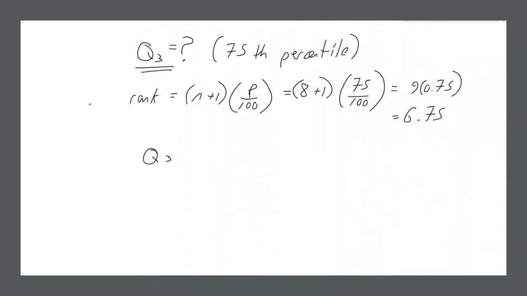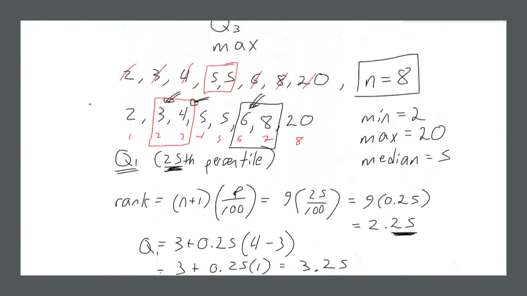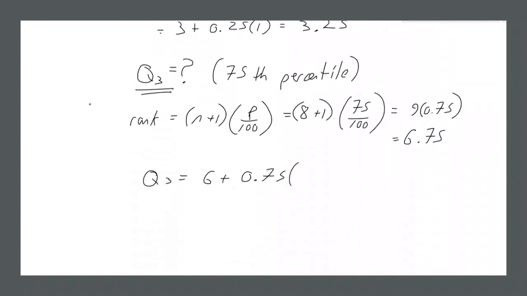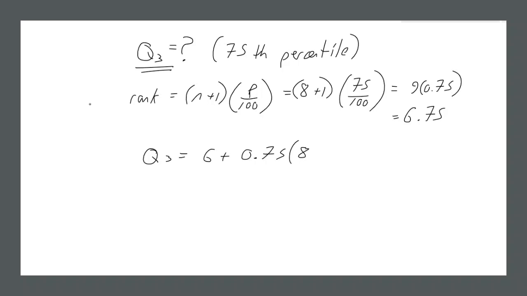So Q3 equals 6 plus 0.75 of the path to the next data point. The next data point was an 8. So the distance between 8 and 6 is 2, 8 minus 6.